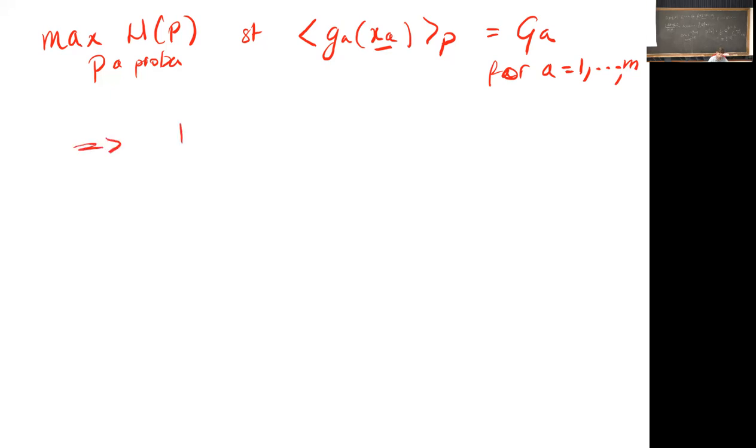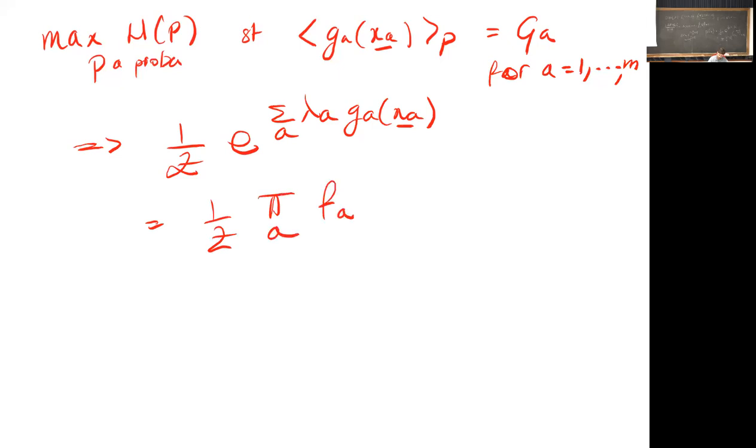You directly get this thing. And this is nothing else than a product over A of some f_A, where f_A is exponential of lambda_A g_A.